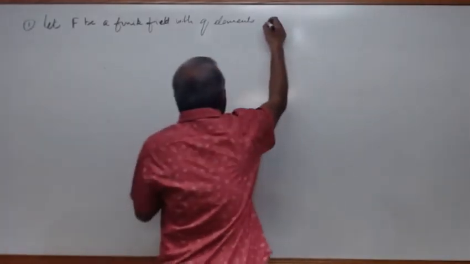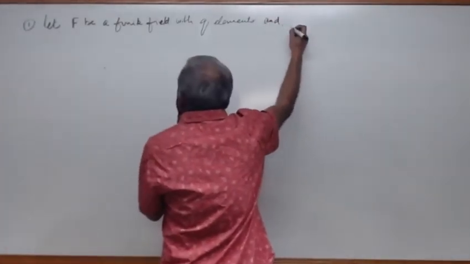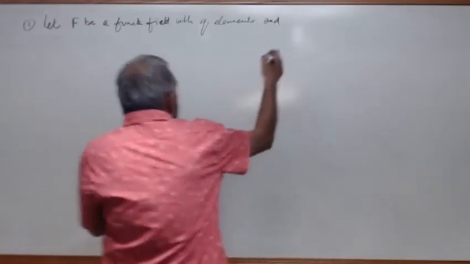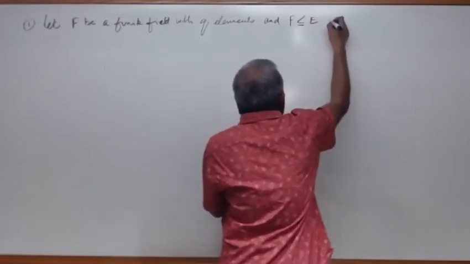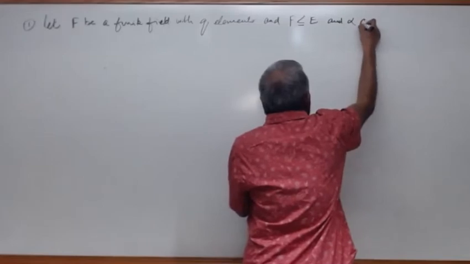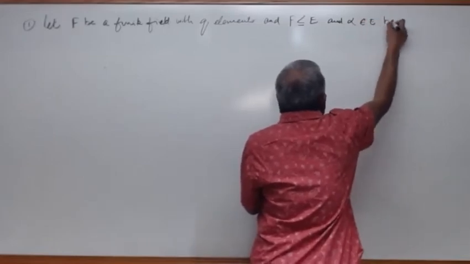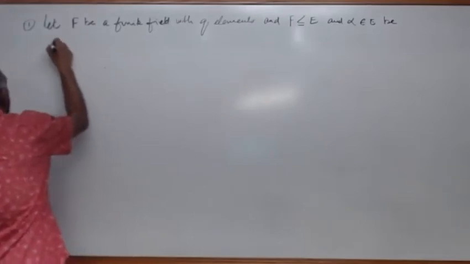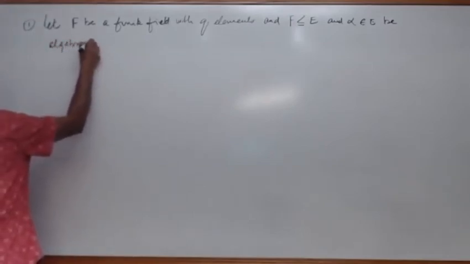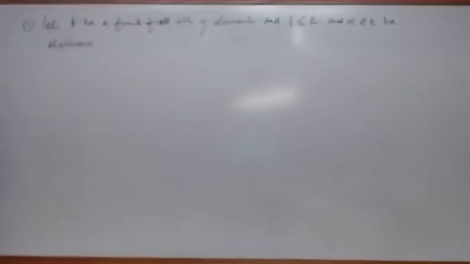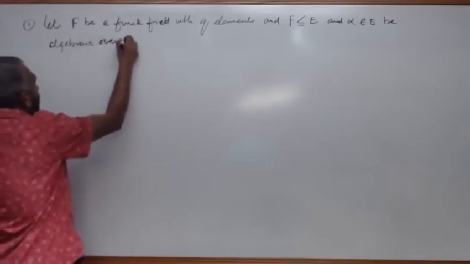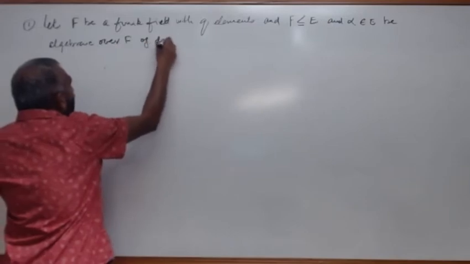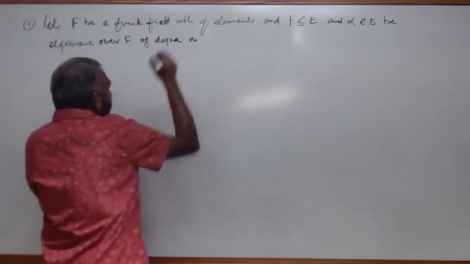And let E be an extension of F, and alpha belongs to E, be algebraic over F of degree n.